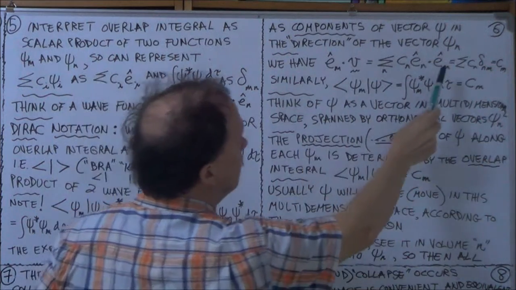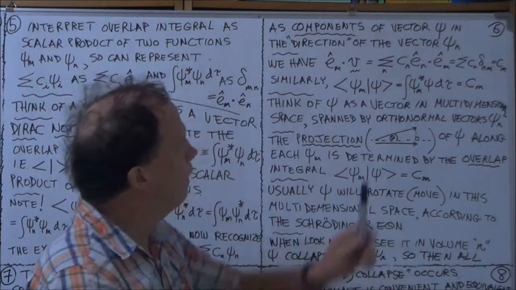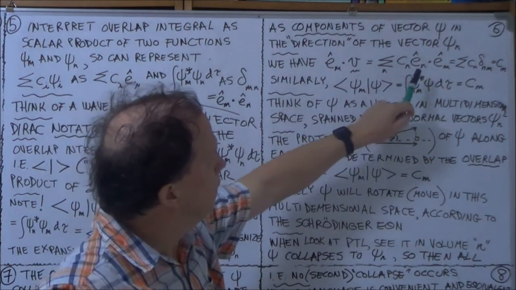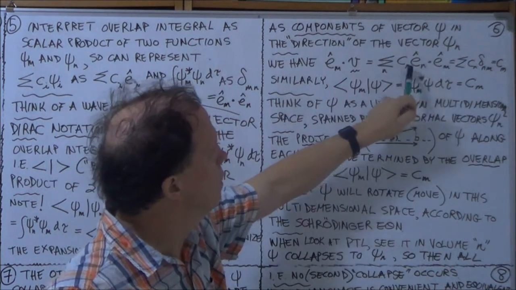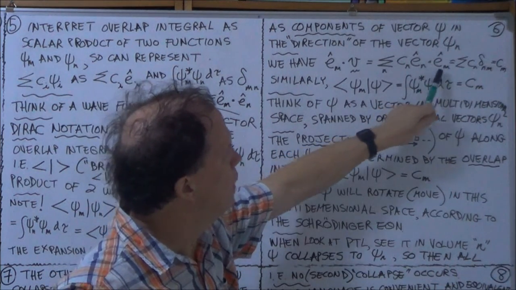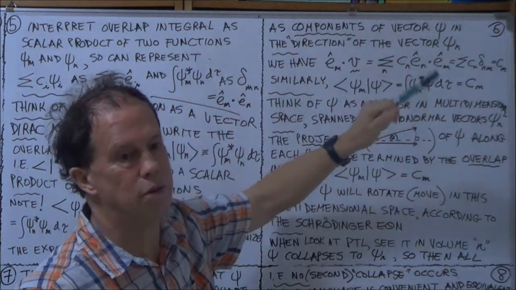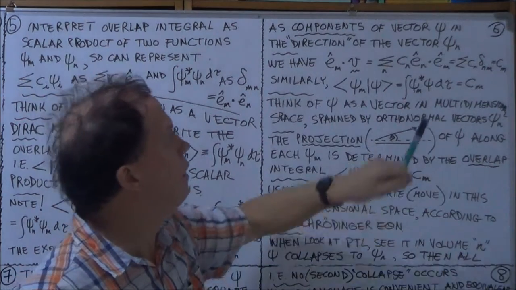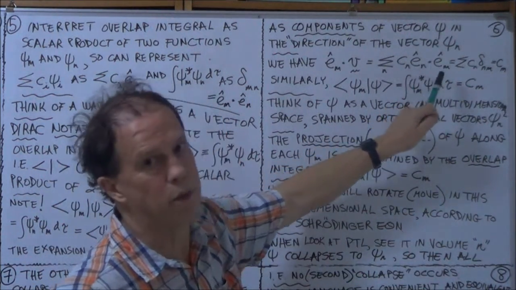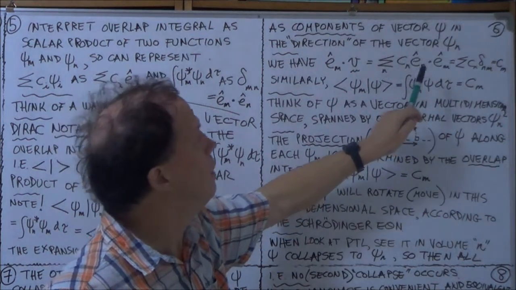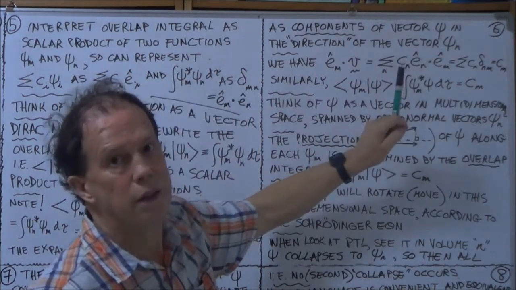Now this dot product, they're unit vectors. If n and m are different, the scalar product of those 2 unit vectors is 0, and if n and m are equal, then the scalar product, or dot product, same thing, is 1. So in other words, this e_n dot e_m is the Kronecker delta.